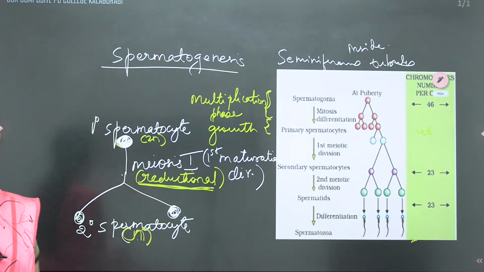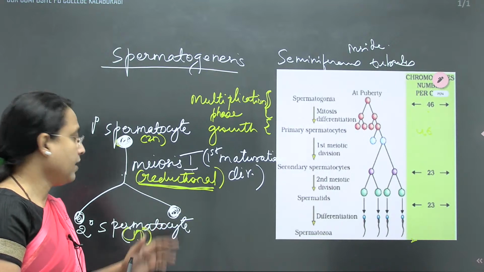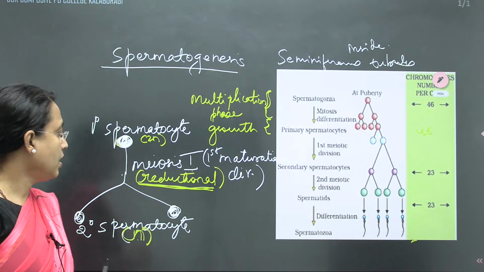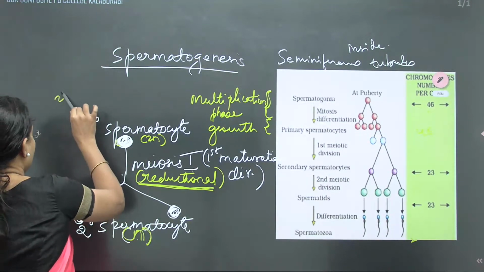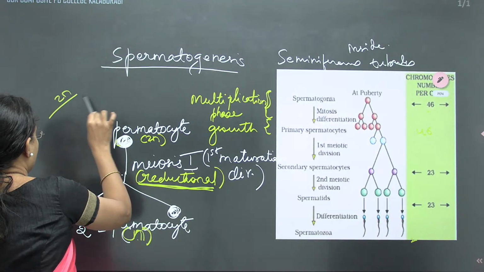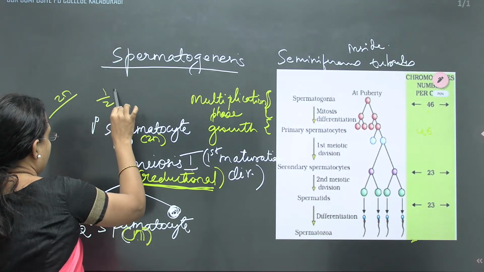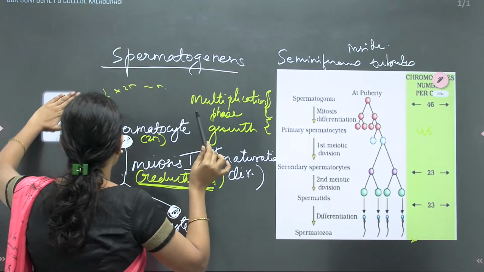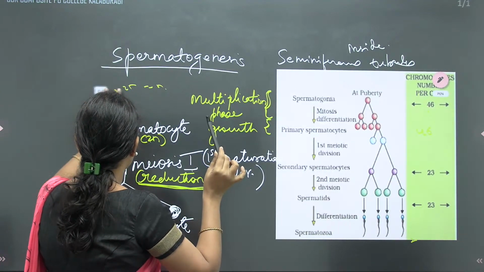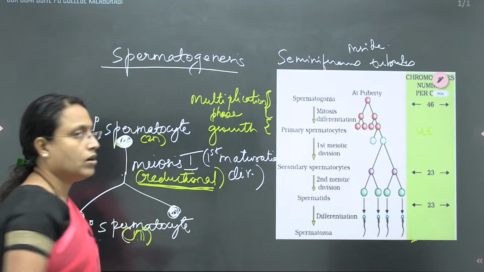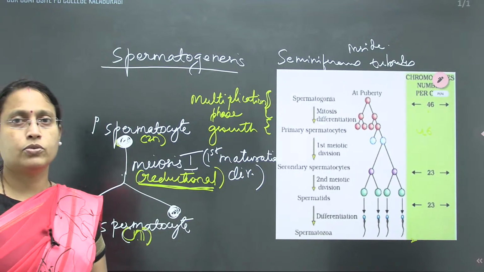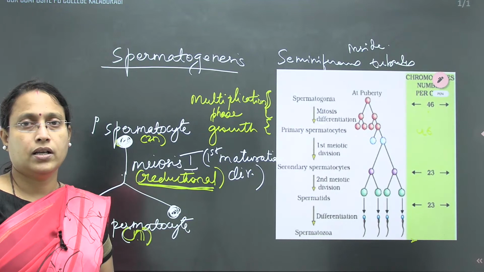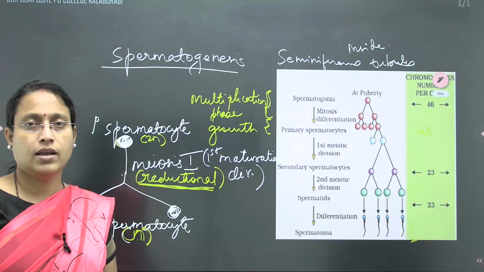Understand? Half of 2n is going to become n.